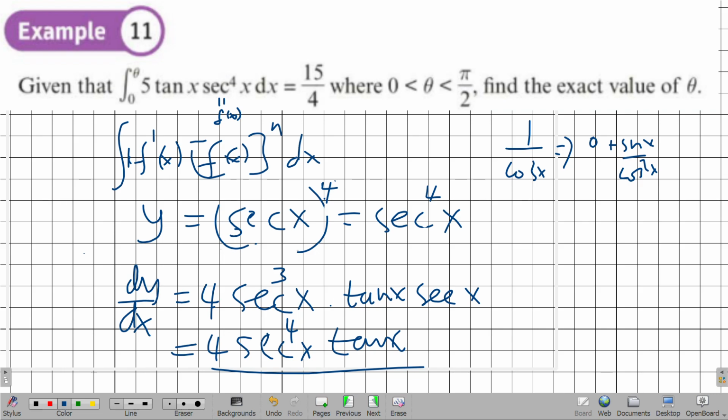So our final answer becomes y, or the integral is just 1 over 4, then sec 5x. Okay, there is a 5 there, so I should just put 5 here, then sec to the power of 4x plus c. That's the answer that you're looking at right now.